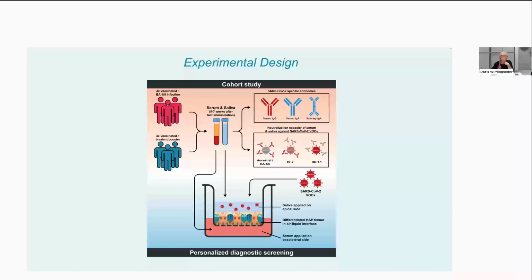As I showed you before, we use serum and saliva from individuals who were either 3 times vaccinated and then infected with Omicron, at that time Omicron BA4 or 5, or a 3 times vaccinated group who got a bivalent booster. From such patients, we had the serum and saliva 5 to 7 weeks after the last immunization.